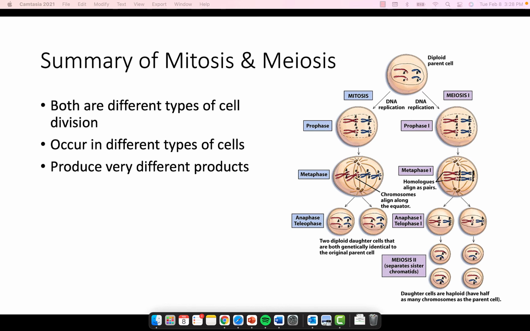Whereas meiosis is in the gonads. If you're a male, in the testes, if you're female, in the ovaries, and it produces 4 separate daughter cells, and those have half as many chromosomes as the parent cell, and they're not identical. They're all genetically distinct from each other.